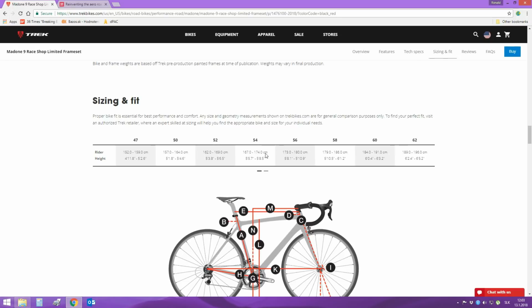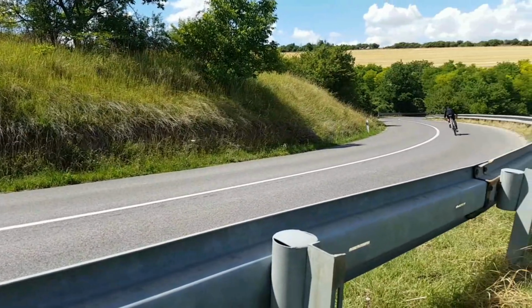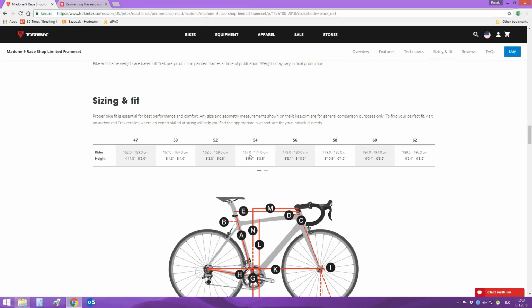If I'm very flexible and want a super aggressive position, I go for the smaller frame size. This means that on a smaller frame I will have a shorter seat tube, so more seat post exposed for the same seat height, and the smaller frame also is going to have a smaller head tube, so lower stack. I'm going to have more drop for the same seat height and handlebar position when fully slammed.